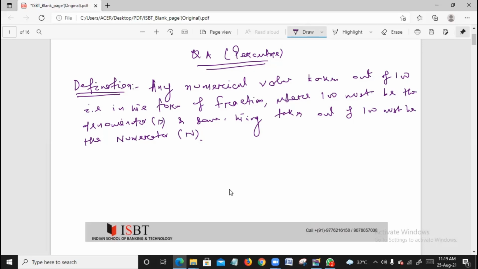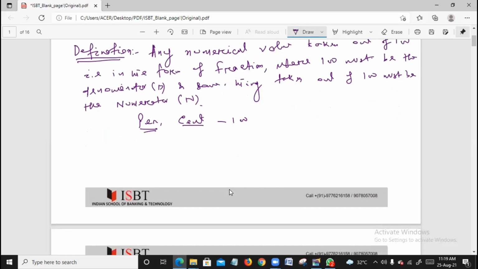So percentage means percent. Percent means hundreds. So per means out of hundreds. Anything taken out of 100 is called percentage. So we can write, for example, X percentage.